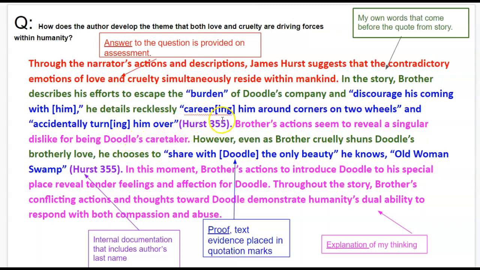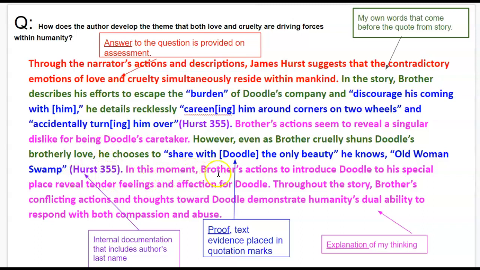All right, put my citation. Brother's actions seem to reveal a singular dislike for being Doodle's caretaker. All right, that's my comment based on what he did here. However, even as Brother cruelly shuns Doodle's brotherly love, he chooses to, quote, share with Doodle the only beauty he knows, Old Woman Swamp. Then I have my citation.